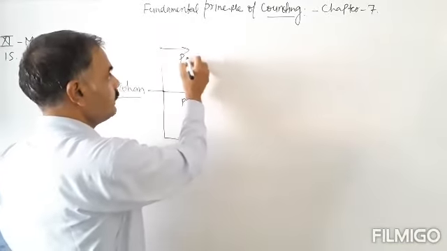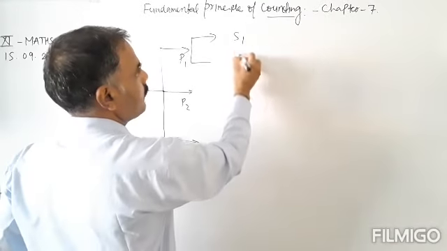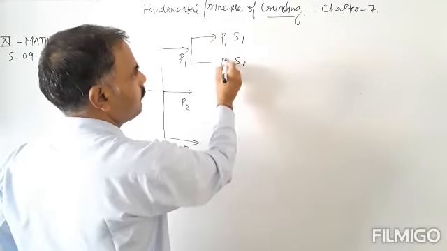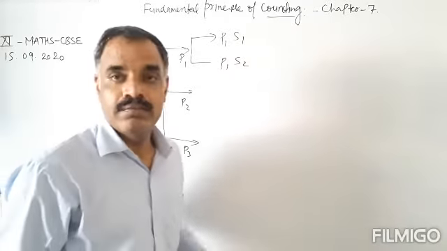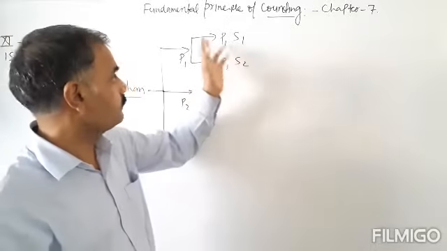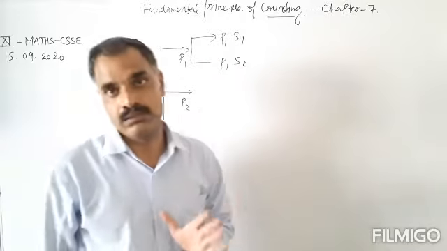So with pant P1 he has the 2 choices of shirt 1 and shirt 2. So the pairs are P1 S1, P1 S2.